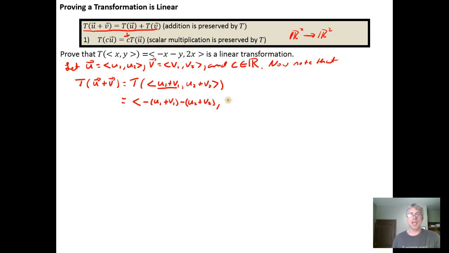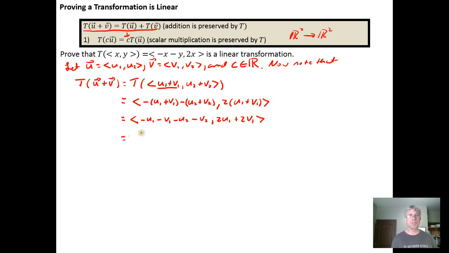Component 2 says double the x component, so twice u1 plus v1. So there's the transformed vector. Now notice that we can distribute the minus signs and distribute the 2. So we get minus u1 minus v1 minus u2 minus v sub 2, comma, twice u1 plus twice v1.